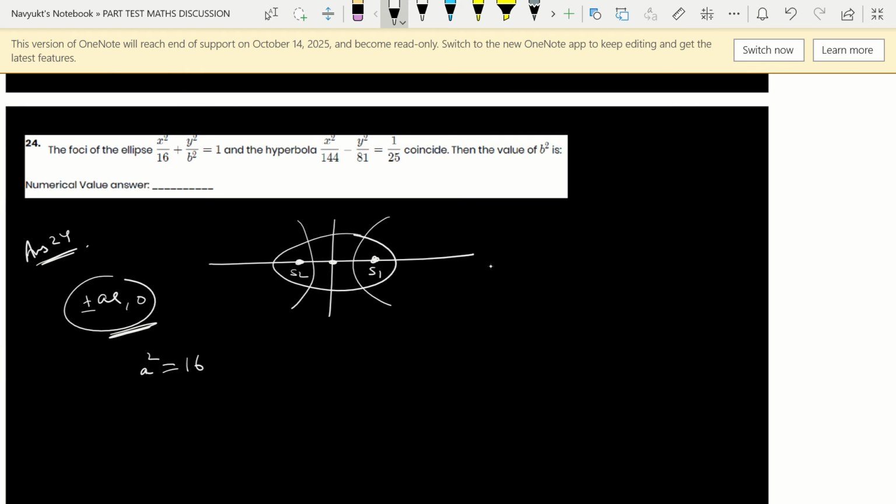So we'll use the relation b square equals a square times 1 minus e square to get the e value. How much e value will we get? You'll get 16 times 1 minus b square by 16, which is e square. So e comes out as root of 16 minus b square, divided by this.